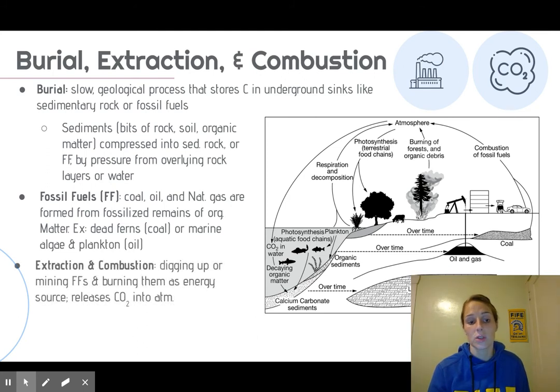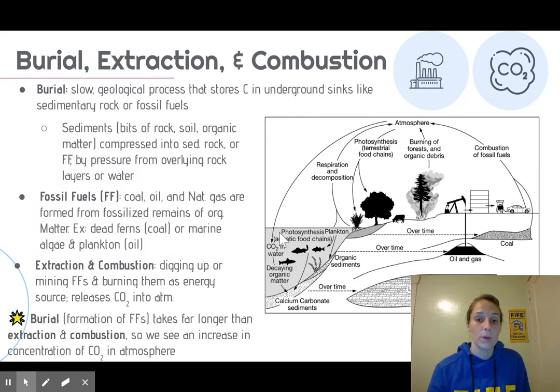And this is called extraction and combustion. So the extraction is going to be the digging up of the fossil fuels, and then combustion is going to be burning them as energy sources, and this releases carbon dioxide. So combustion is what's happening here, like in the car. And then extraction is the part here where it's being pulled up and out.